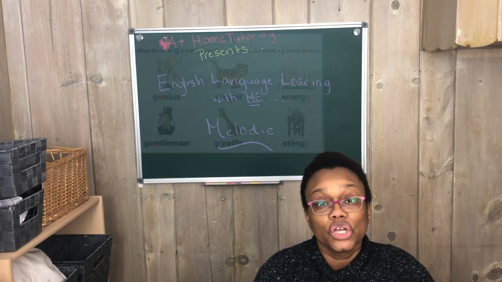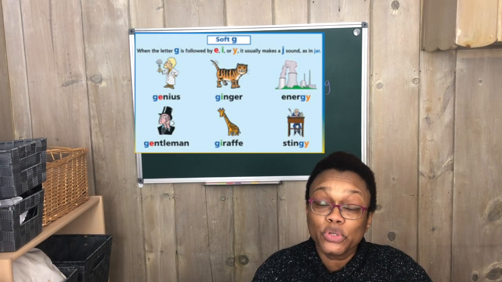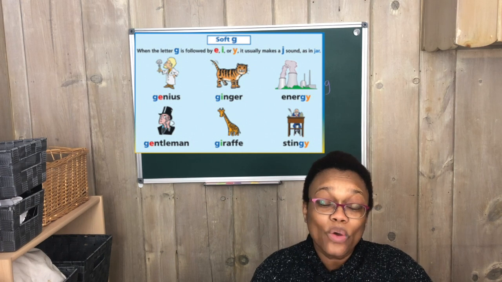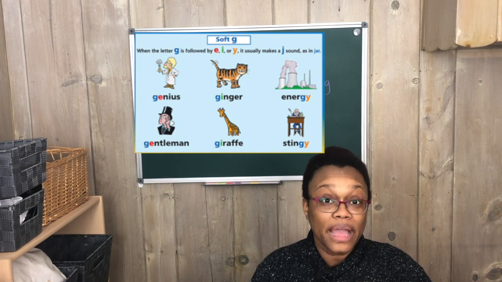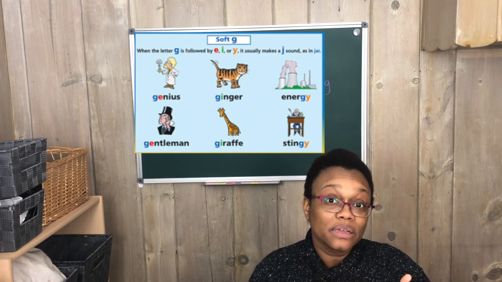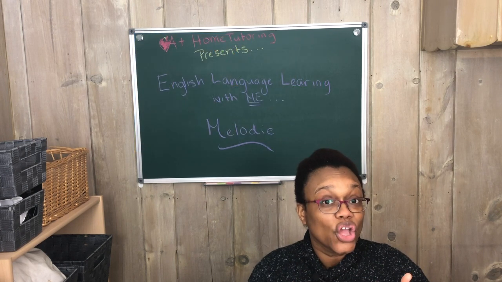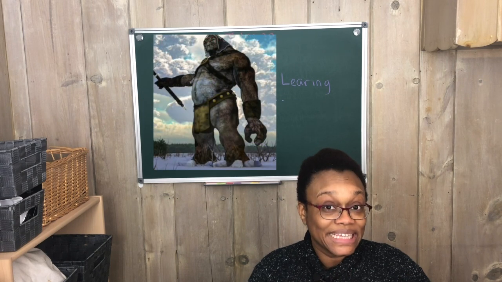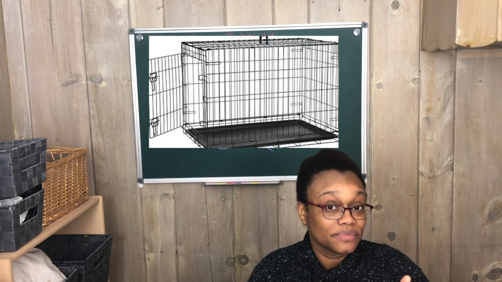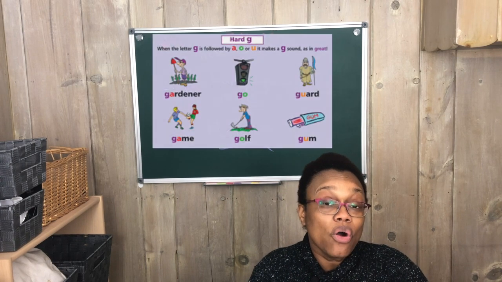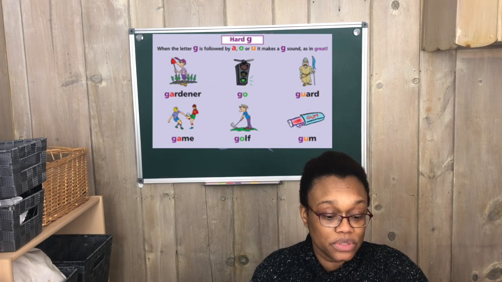To know if the letter G produces a soft sound, it's going to be followed by 3 letters: I, Y, and E. For example, giant, gym, and cage.